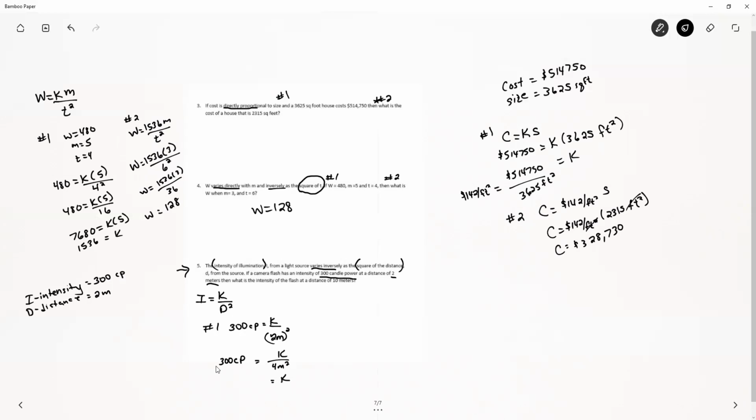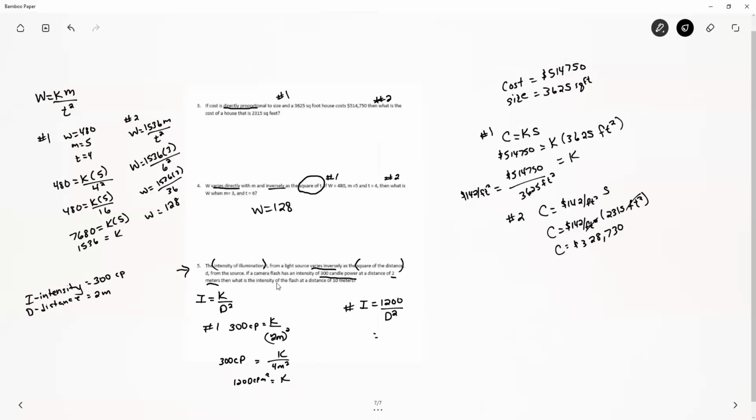Solving for K, 4 times 300 is 1,200 candle power meters squared. So my second part would be I is equal to 1,200 candle power meters squared over D squared.